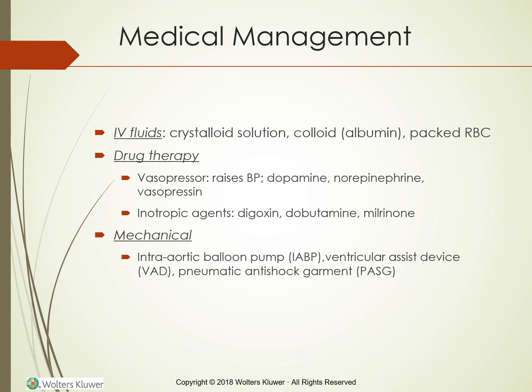This garment, which can be applied in less than 60 seconds, encloses the body from the ankles to the diaphragm. As a result of the circumferential pressure, blood is shunted to the heart, lungs, and brain, helping to reverse hypovolemic shock and stabilize individuals until blood transfusions can be administered or surgery can be performed.